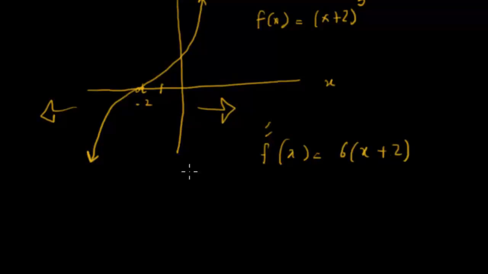And as you can see, the derivative is increasing when x is greater than -2. If we take a value x greater than -2, f double prime of x will be a positive number. Positive.